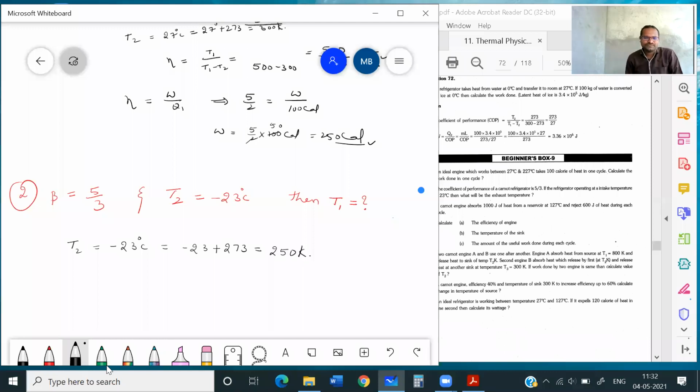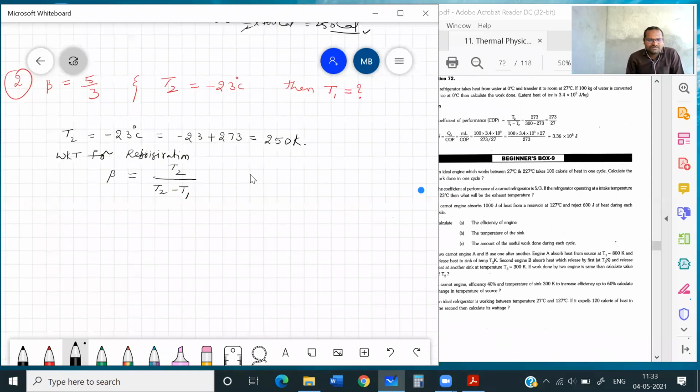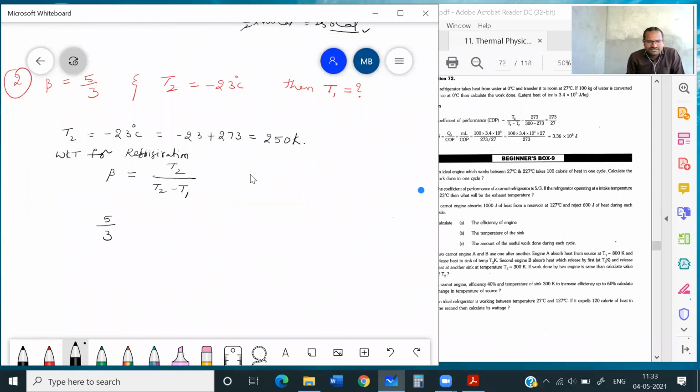Don't substitute directly. T1 we need to find. Beta formula for a refrigerator is beta equals T2 by T2 minus T1. Substituting, beta value 5/3 is equal to T2 value 250 upon 250 minus T1.